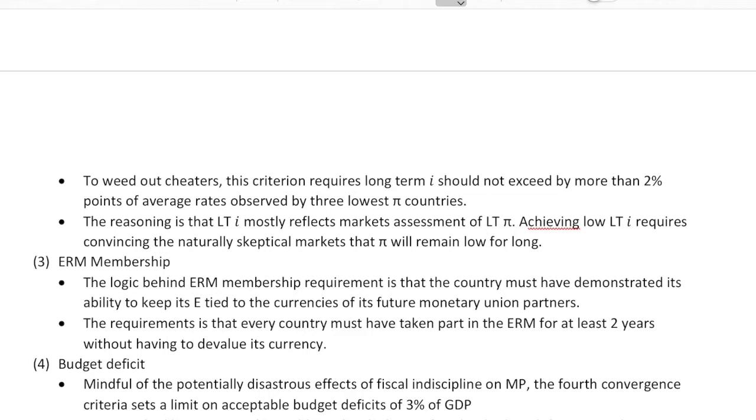Why not short-term interest rates? Well, overnight interest rates, as we all know, in the U.S., they're called the federal funds rate. Overnight interest rates are very tightly controlled by the central bank, right? But long-term interest rates are not controlled by the central bank. In fact, this is a perfect time to look for evidence on that.